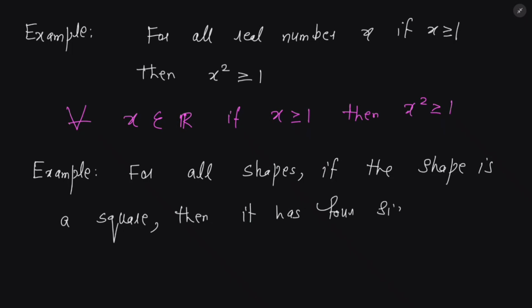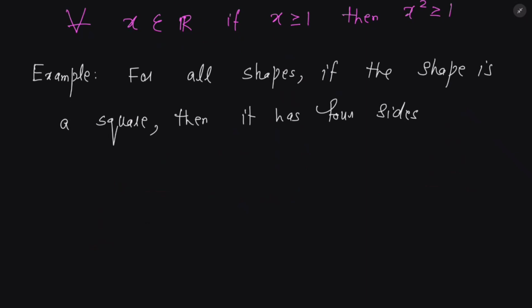We can see that this is true for all shapes: if the shape is a square, then it has four sides. How can we write this symbolically?